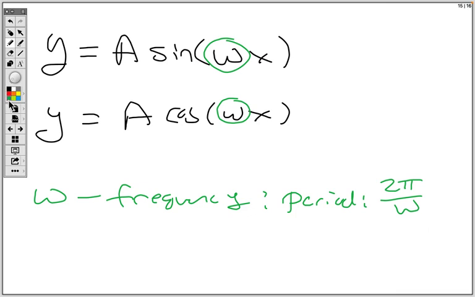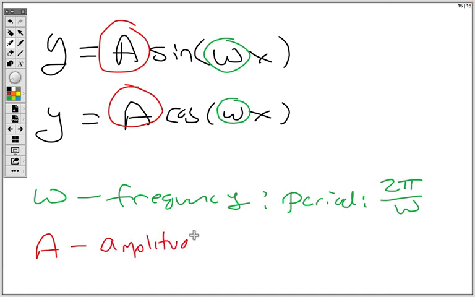Okay. Do you remember what A stood for? What did A stand for? Yeah, amplitude. And that gave the maximum displacement from the baseline. All right. So normally sine and cosine run between -1 and 1.